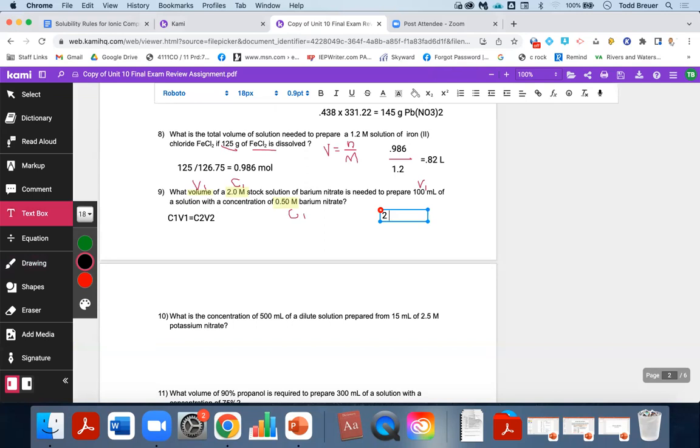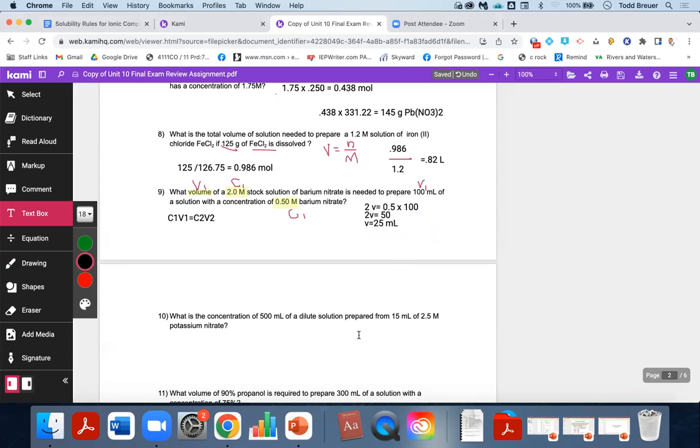We'll leave it as V, so 2V. And then C2 is 0.5 times 100. We're going to have 2V equal to 0.5 times 100, which is 50. We divide each side by 2. V equals 25. Our volume is 25 milliliters.